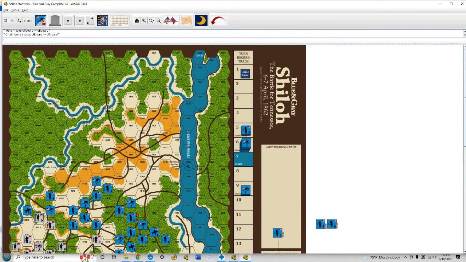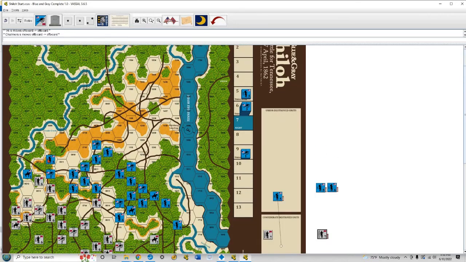Okay, now it's time for the Union to move, and they're going to move to the north and the east, 1 hex. So I like to start at the back. This guy can't move because these are in enemy zones of control. Most realistically, they'd move along roads, so I try to kind of stay with that if I can.